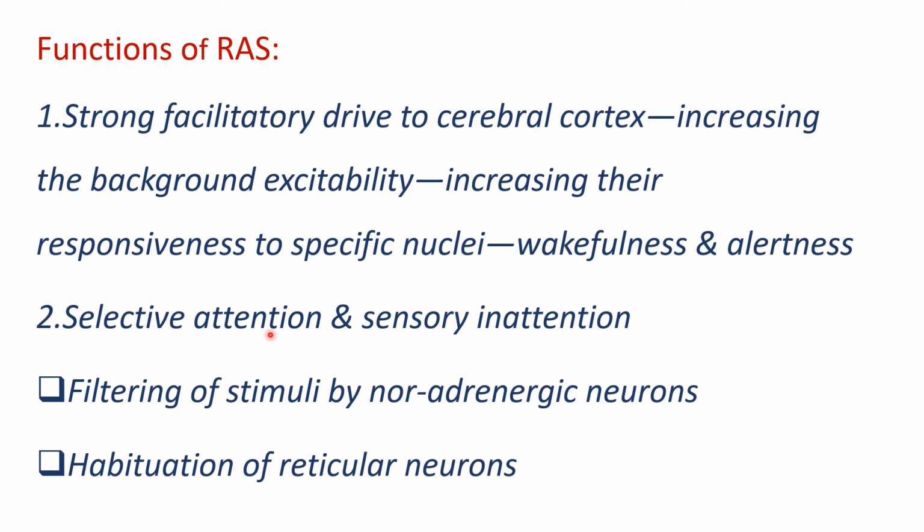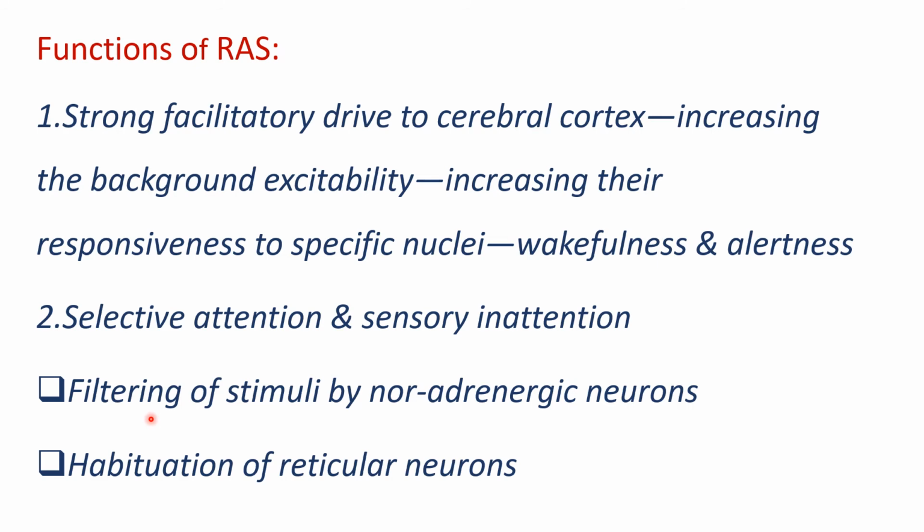Now besides this, it is also responsible for selective attention and sensory attention. That is, you respond to certain stimuli and are inattentive to certain stimuli, what I was discussing in the beginning. So how does this occur? How do you become attentive to certain components and inattentive to certain sensory components?